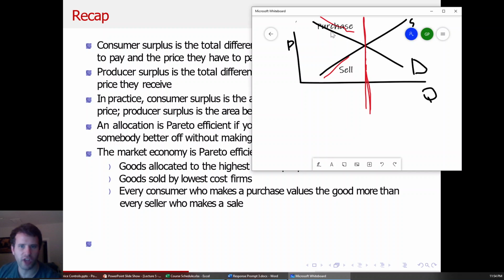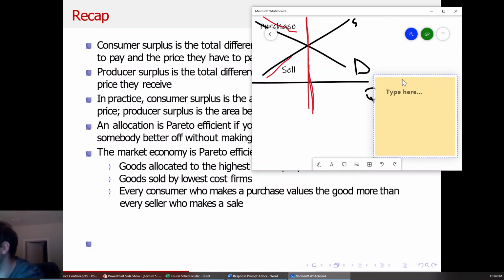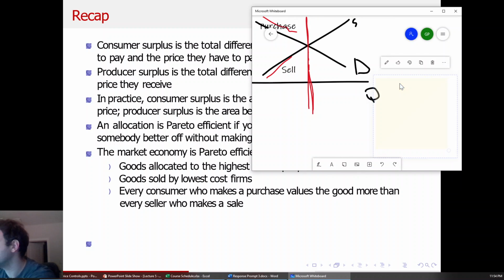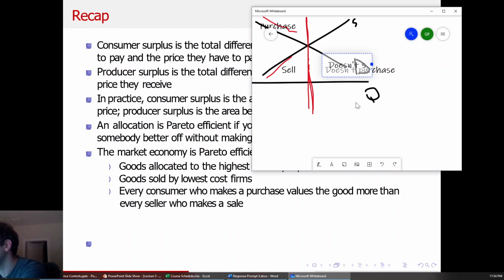Everybody who purchases has a higher willingness to pay than the cost of the seller. Those who don't purchase will be these guys over here. And those who don't sell will be these guys over here.